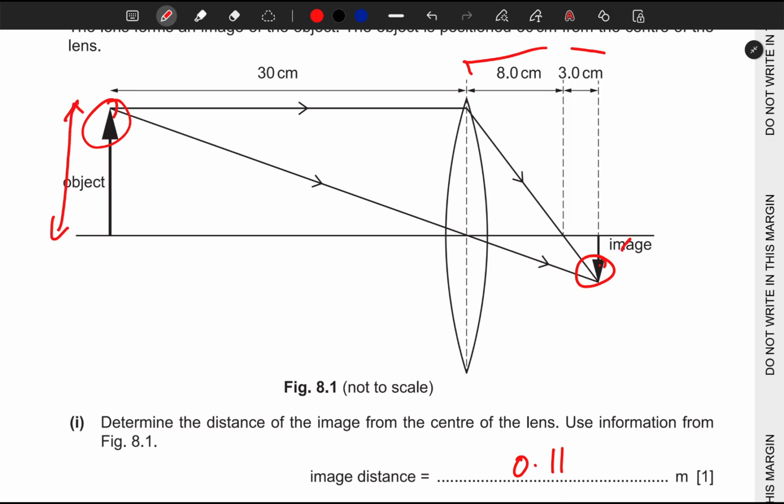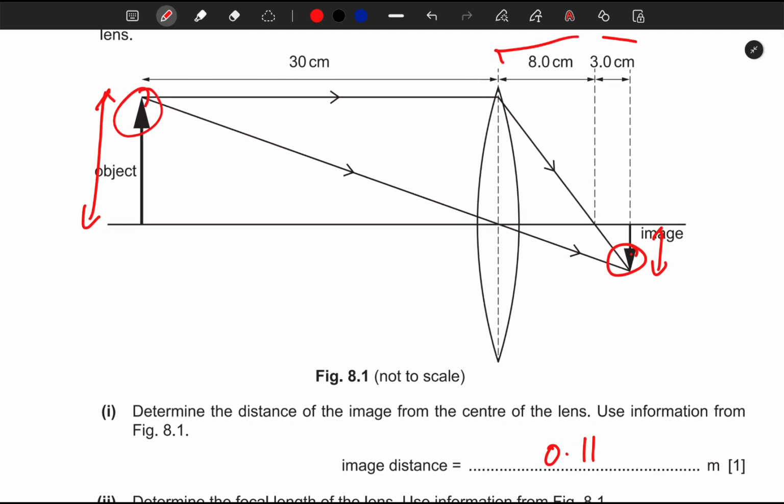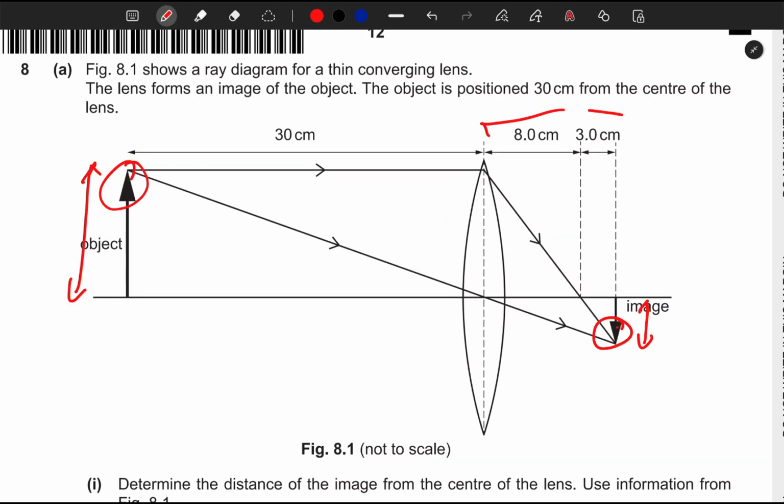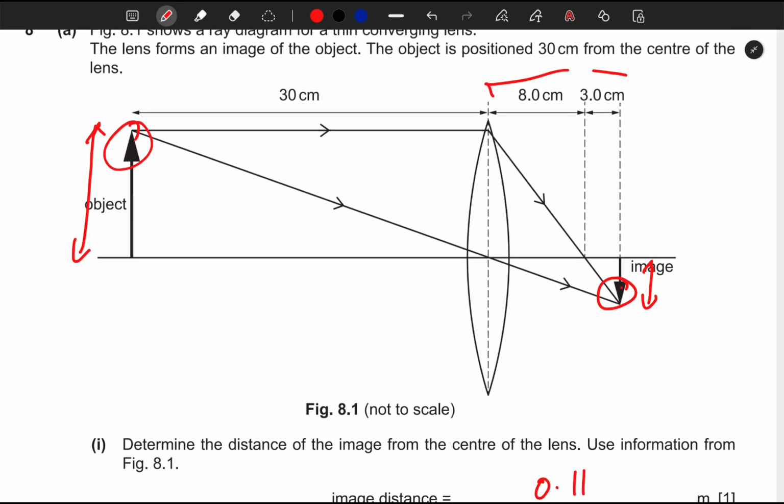It's larger than the size of the image. Again, we can say that the image is smaller or it is diminished. The other one is that because one is down, the other one is up, we can say the image is inverted, or we can say it's upside down. Now, an image formed on a converging lens that is inverted is always real. They are always real.